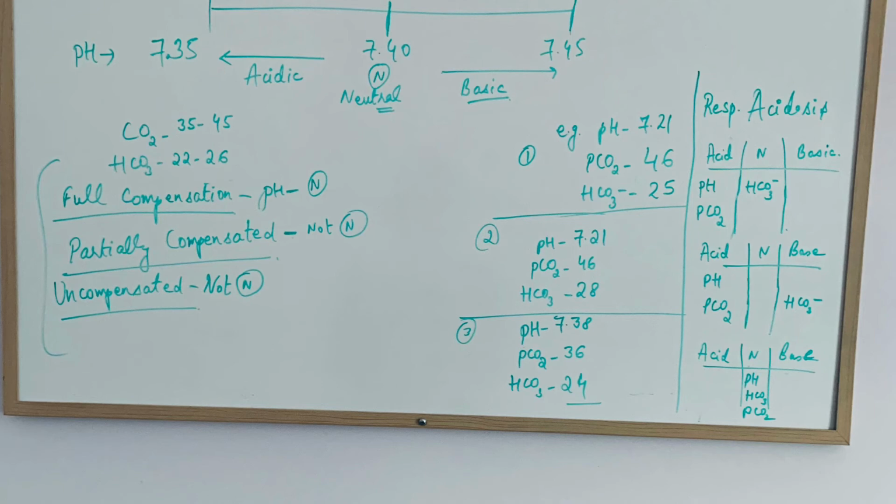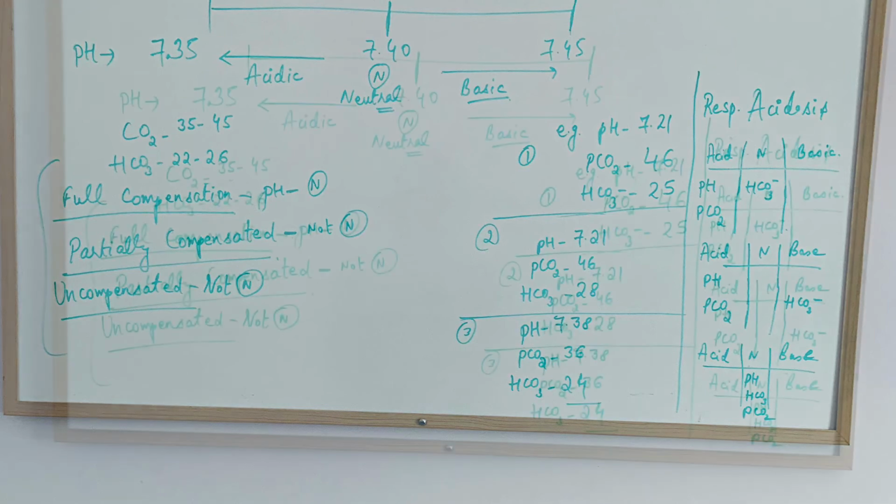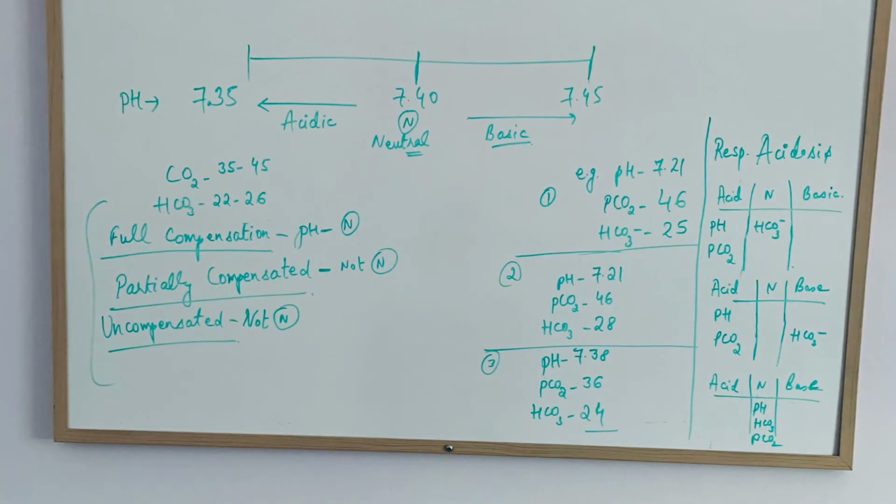Moreover, one thing more: if the pH level, for example, is 7.38, the same, and if the carbon dioxide level is high, for example 40, and if the bicarbonate ions are also high, 28, both are high, but the pH level is 7.38, which is in the normal condition.